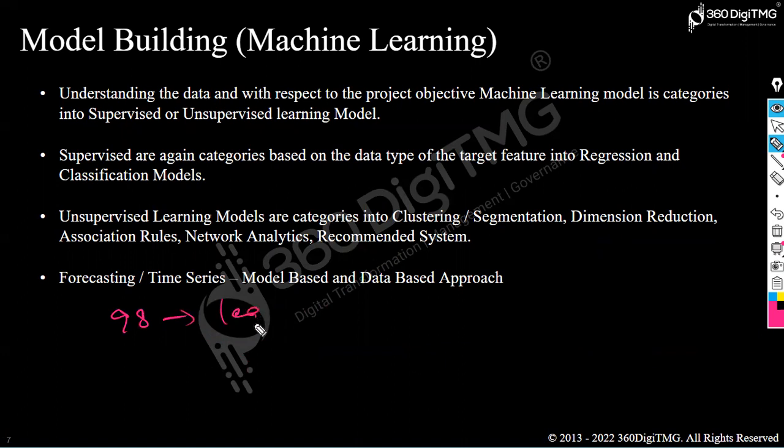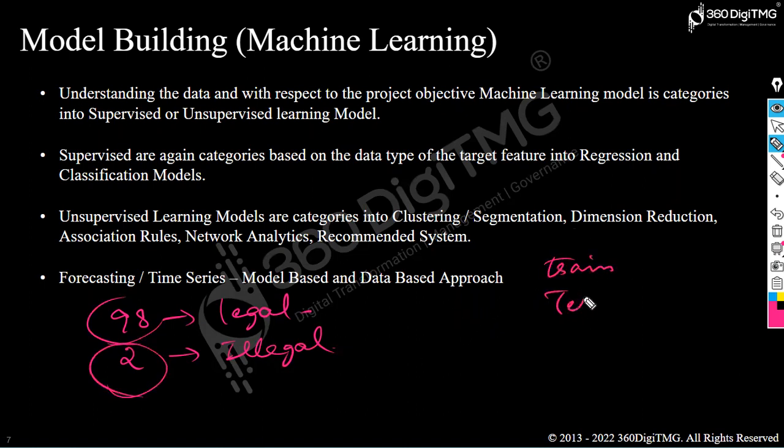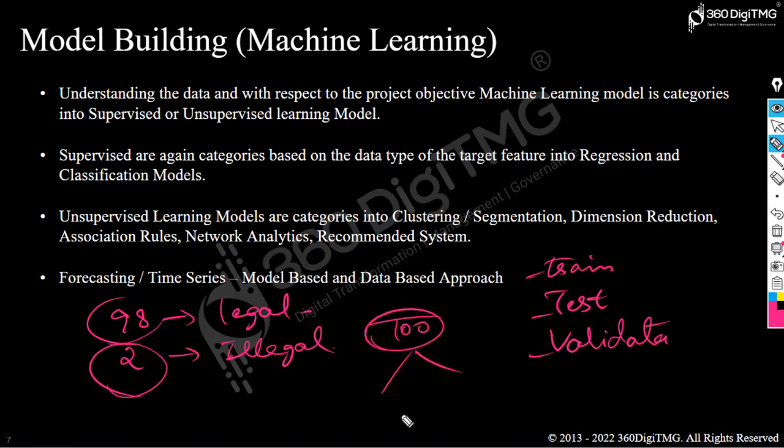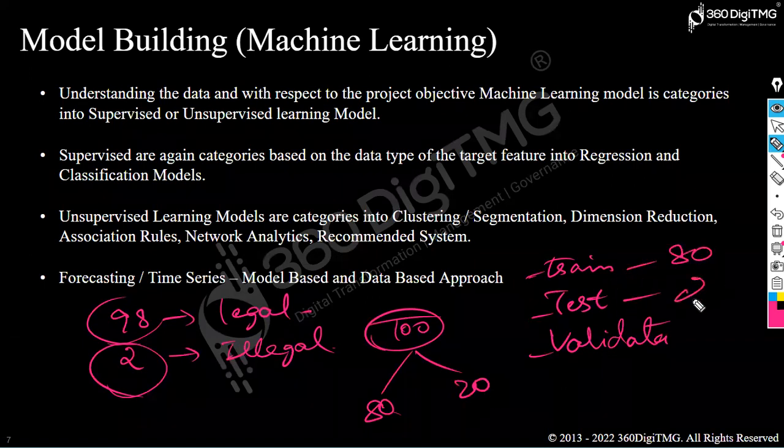Let's say, for example, 98% of transactions are legal and only 2% of transactions are illegal. So it is hard to segregate train data, test data, and validate data. The challenge here is that when I consider this whole data as 100%, if I make this 80% and 20%, training as 80 and testing as 20, this 80% is from the 98.